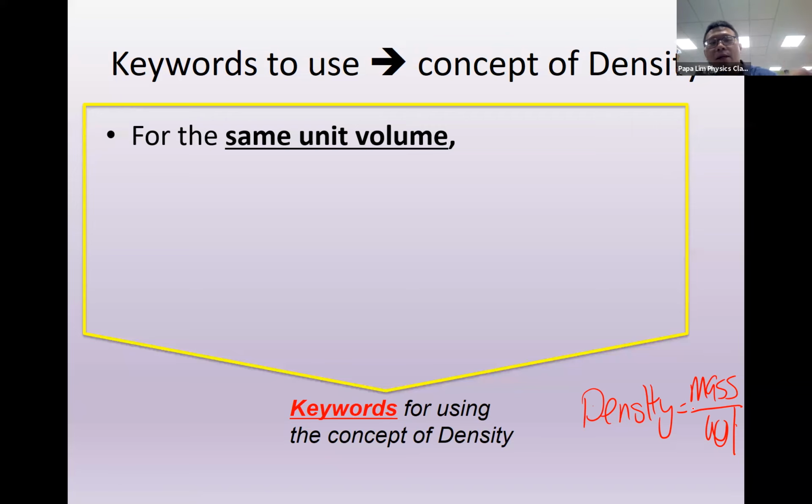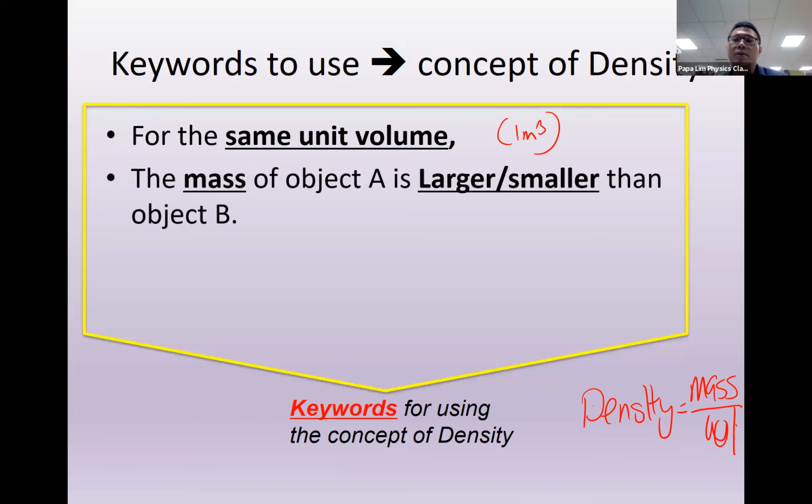So for example, for the same unit of volume, maybe 1 meter cube, I would say that the volume is constant, the same unit of volume. Then I will comment on the mass. The mass of the object is larger or smaller than object B.